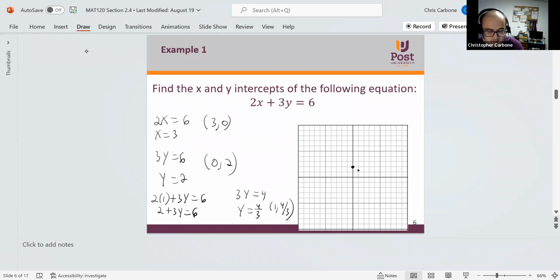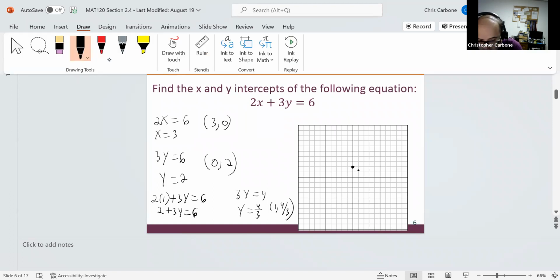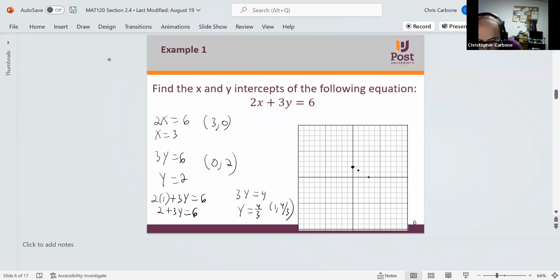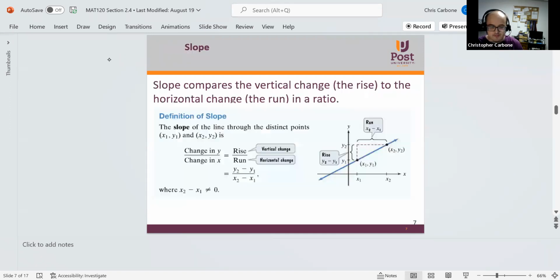Excuse me. The x-intercept is (3, 0). That'll be right there. So the graph of that, connecting it with a straight line, something like this. Only, of course, straighter than what I just drew. But something like that would be the answer to that.